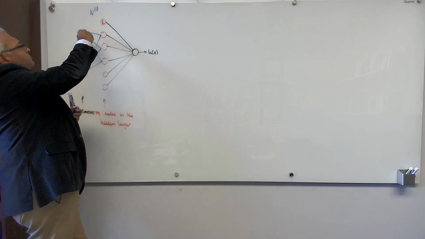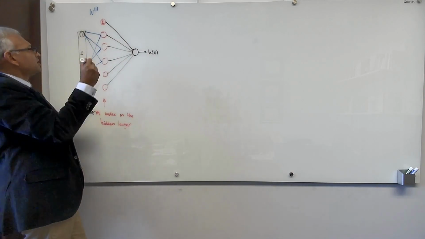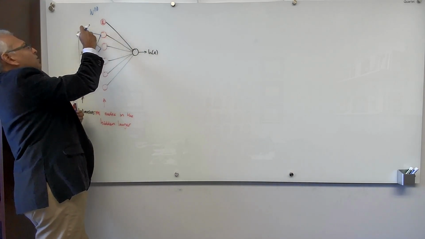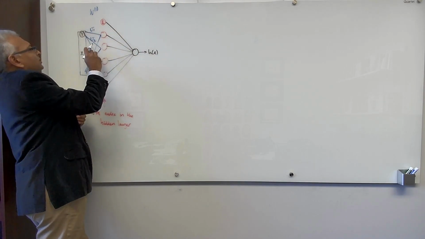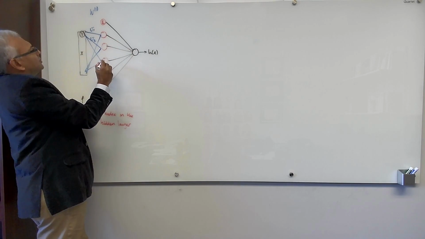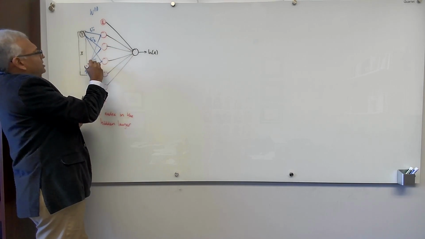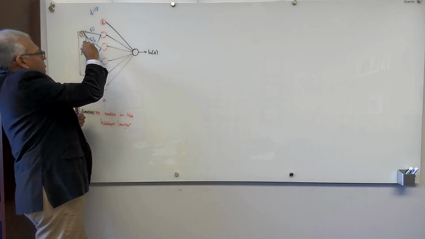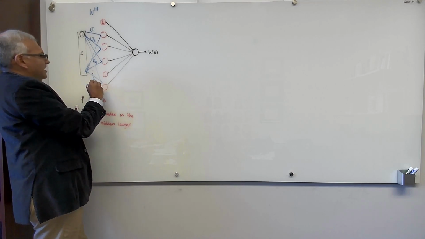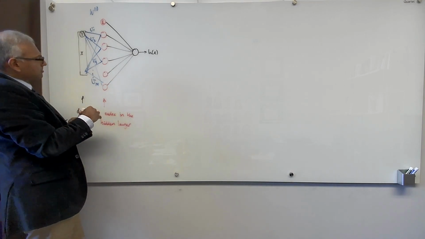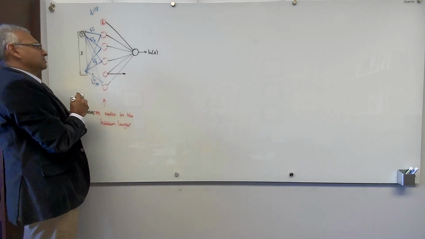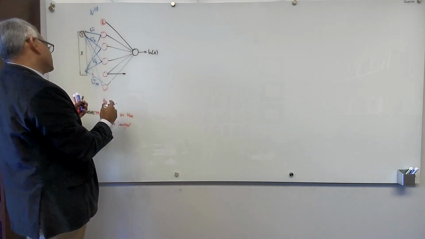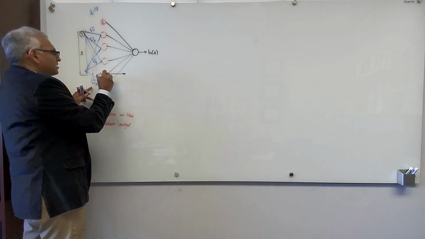You define the perceptron by its weights, so since this is hidden unit 1, we will call these weights V1, and these weights V2, and these V3, and so on, up to Vm.